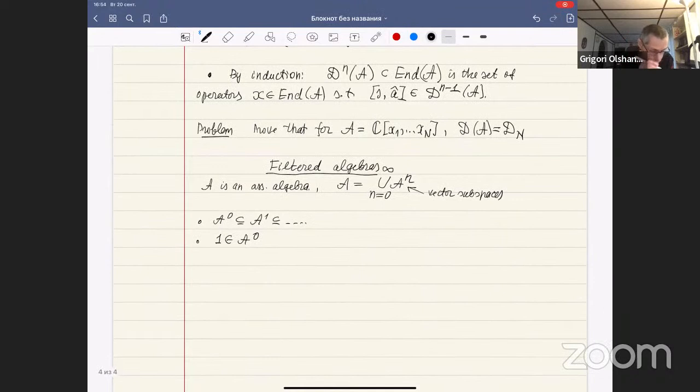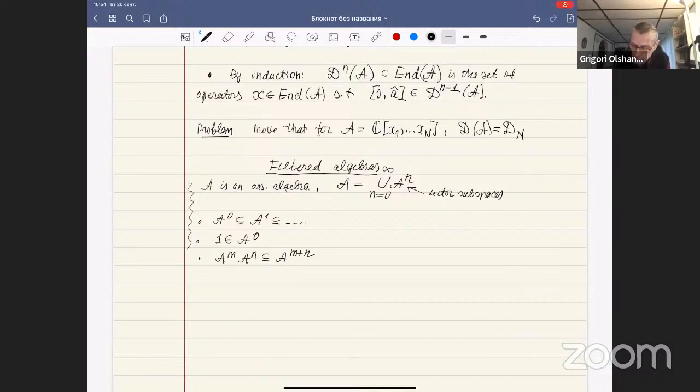And the main axiom is that if you take the product of some element of degree less or equal to m multiplied by an element of degree less or equal to n, this is contained in the subspace of elements of degree less or equal to m plus n. So this is the formal definition.